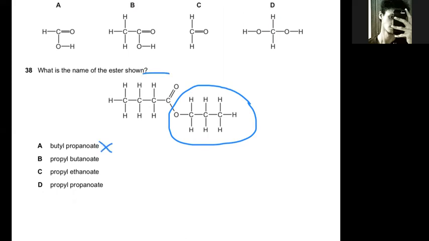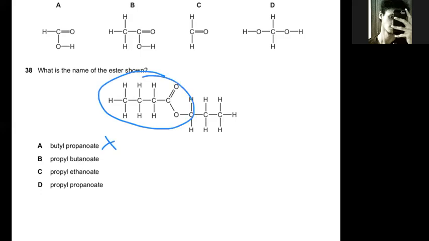Now, this part came from the acid. We can say that it came from the acid because 1 carbon atom over here has a double bond with oxygen. So this will be named butanoate because it has 4 carbon atoms and a carbon oxygen double bond. So B is the correct option.